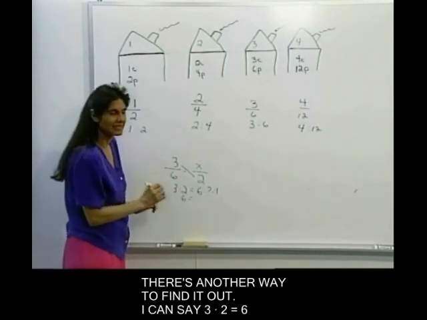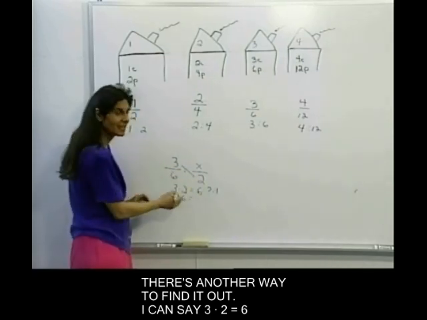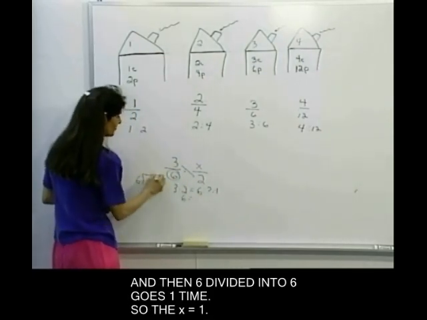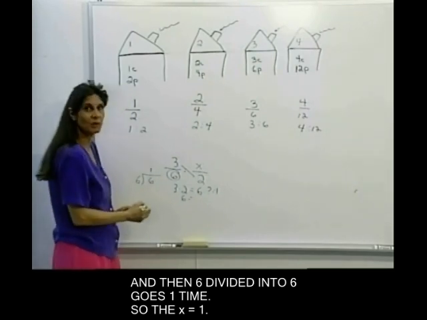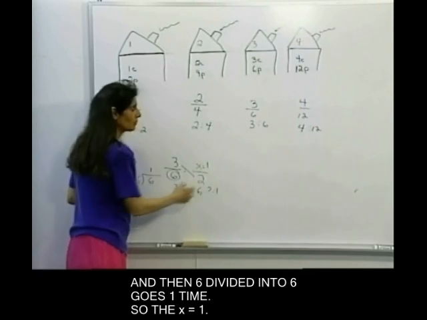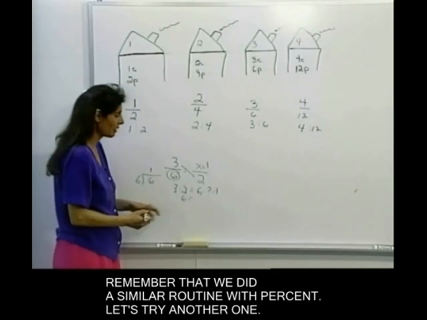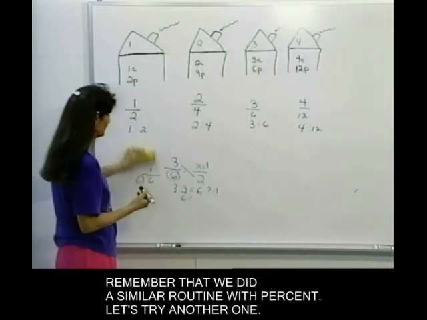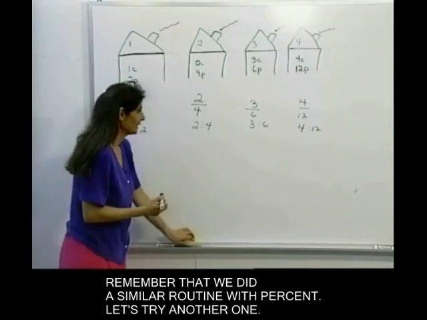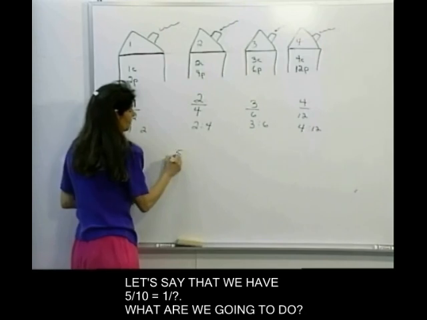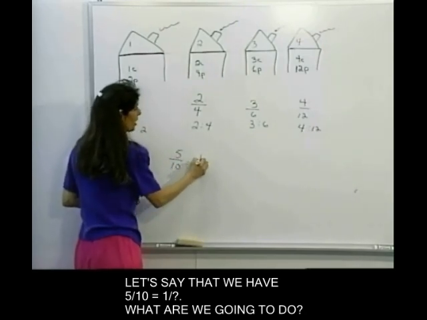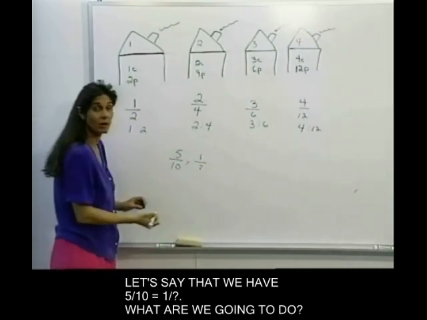There's another way to find it out. I can say 3 times 2 is 6, and then 6 divided into 6 goes 1 time. So the x equals 1. Remember that? We did a similar routine with percent. Let's try another one. Let's say that we have 5 over 10 is to 1 is to question mark.